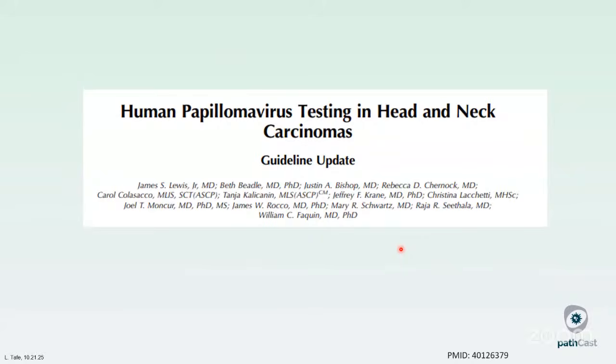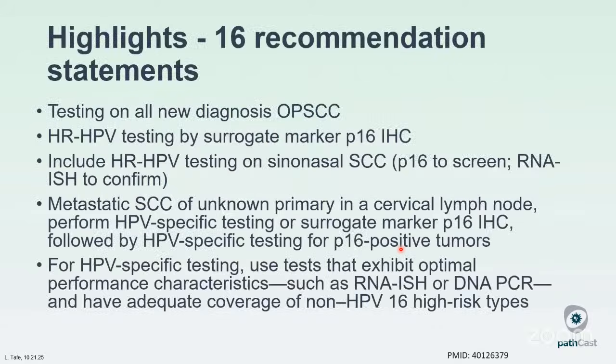Last year, I believe this came out, the HPV testing updates in head and neck cancers. These are just a couple of the highlights, but if you would like to read the manuscript, it contains 16 recommendation statements overall. But the highlights I want you to take home are that it's recommended that there's testing on all new diagnoses of oropharyngeal SCC.